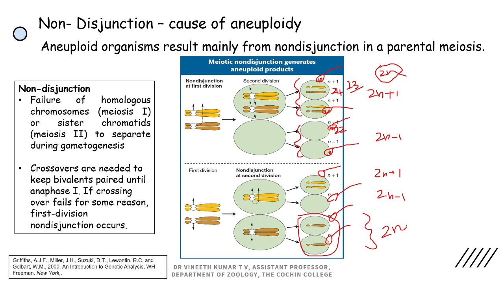So this is the normal procedure. After puberty, every month in every menstrual cycle, such 20 oogonial cells will start this meiosis, but only one will get a chance to reach metaphase 2.